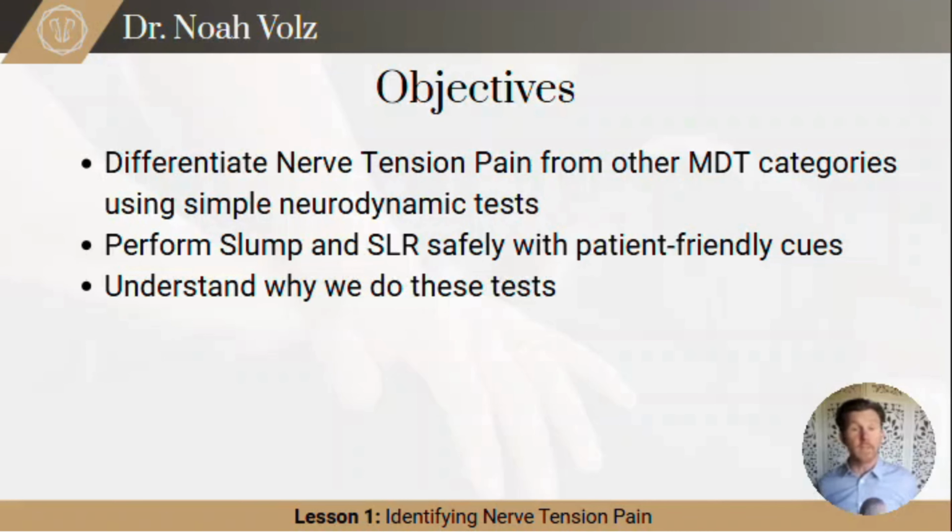So the objectives of this class is to help you understand what nerve tension pain is and to differentiate it between the other types of pain in the McKenzie classification system. We're going to perform some tests, the slump test and the straight leg raise test, in order for you to confirm that you do have nerve tension pain.